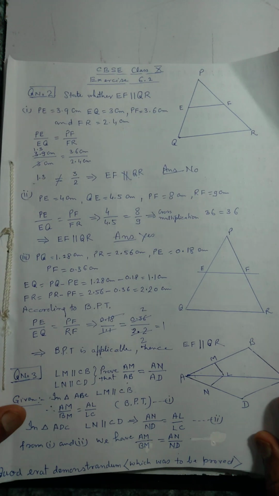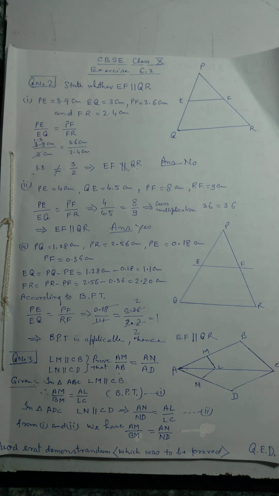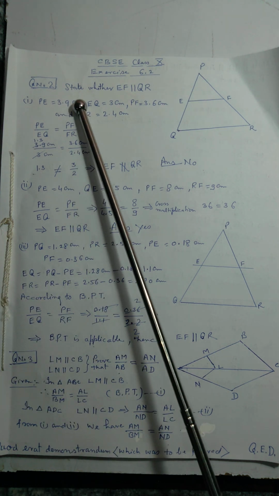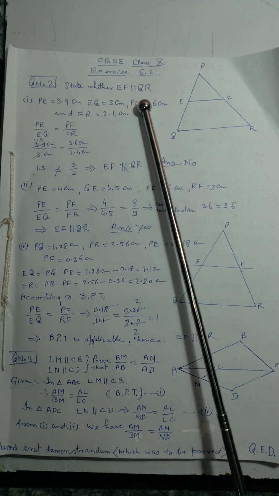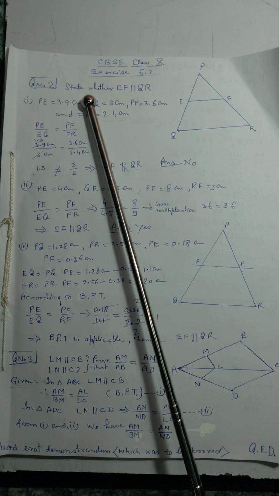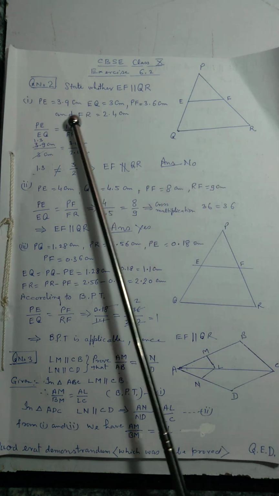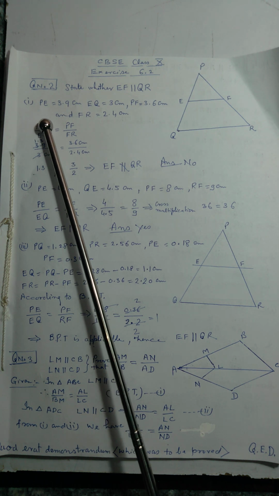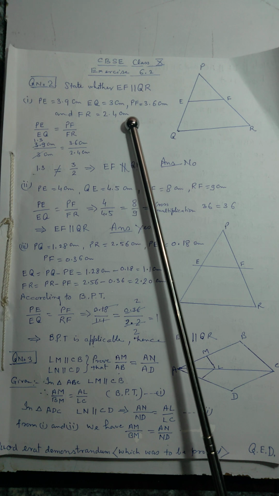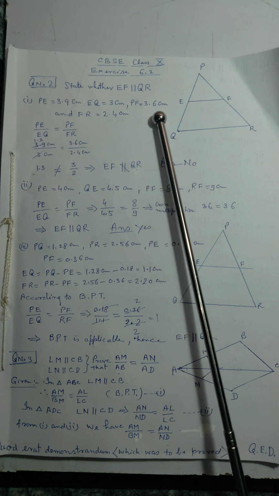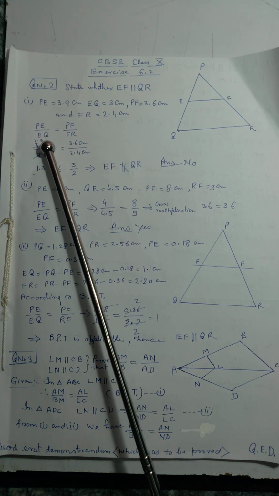Now proceed to question number 2 of exercise 6.2. State whether EF is parallel to QR. We have to justify whether EF is parallel to QR. Here you see the measures. In the first part, PE is 3.9, EQ is 3 centimeters, PF is 3.6 centimeters, and FR is 2.4 centimeters.